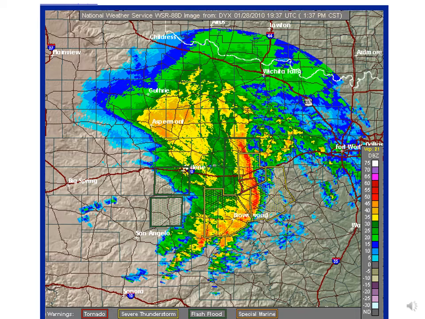Blues are 15 dBZ and below. And most of the time, with the blue on the radar, the droplets are small enough to where they'll evaporate before they reach the ground. The green will often be light precipitation reaching the ground. Yellow will be moderate. And then we get to the red, and that's heavy precipitation.